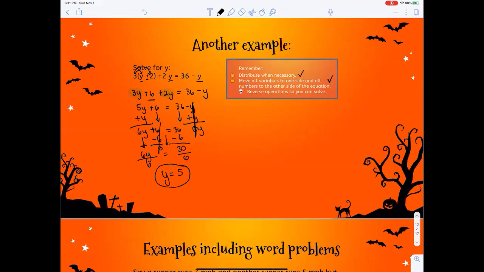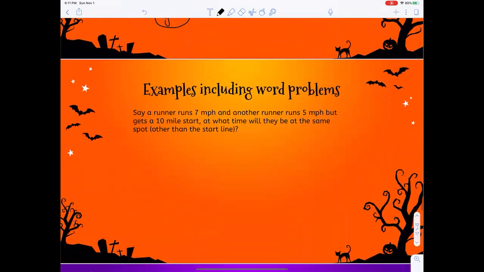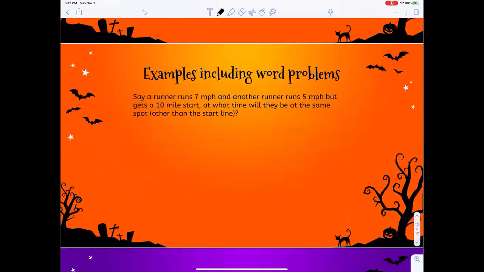Okay. Next, you could see these types of examples with word problems. So say you and your friend are having a race.